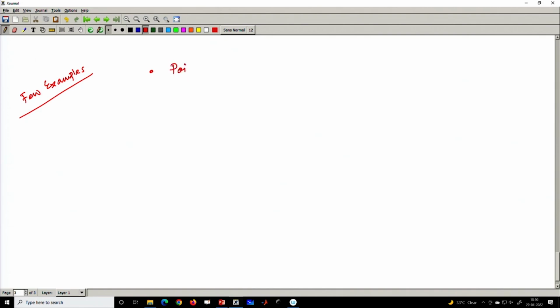So, a point charge is placed in front of an earth, sorry, not charged, it is earth, that has been grounded, conducting plane.